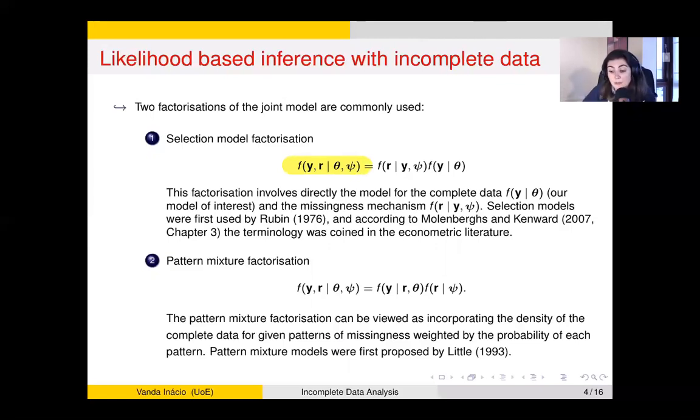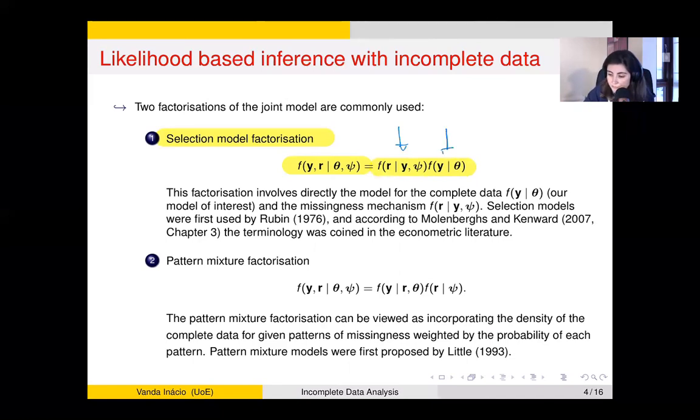Okay, and the first factorization is the selection model factorization, and we factorize in these two terms. And let us look at these two terms. This one, f of r given y and psi, is the model for the missing data mechanism, as we have seen, correct?